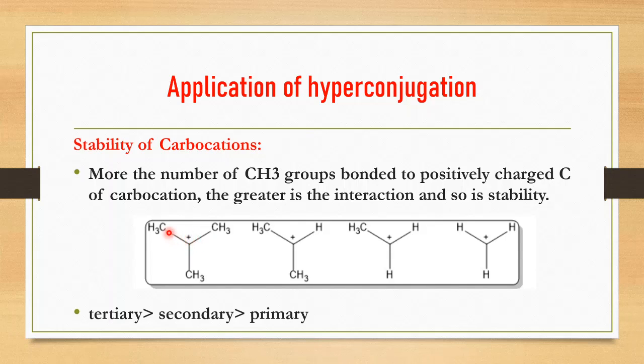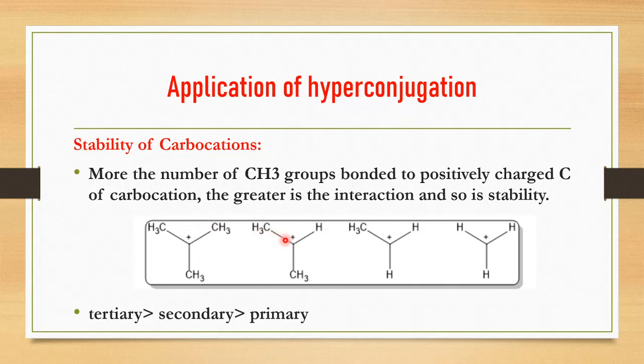It has three adjacent carbon atoms, and each of these carbon atoms has 3 hydrogen atoms. So definitely this structure satisfies the need to show hyperconjugation. It can show hyperconjugation because of 3 hydrogen from here, 3 hydrogen from here, and 3 hydrogen from here.